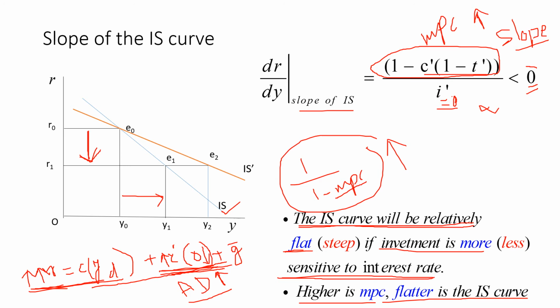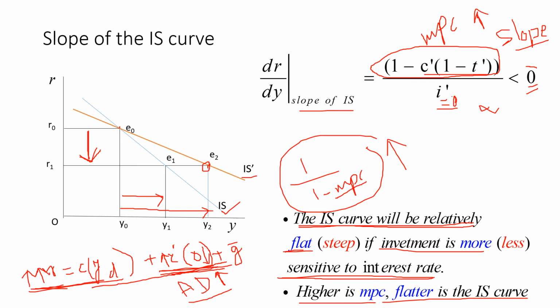So you will get a change in Y from Y0 to Y2 instead of Y0 to Y1. The second point will be E2 instead of E1, and therefore your IS curve will be IS prime when your MPC is higher.